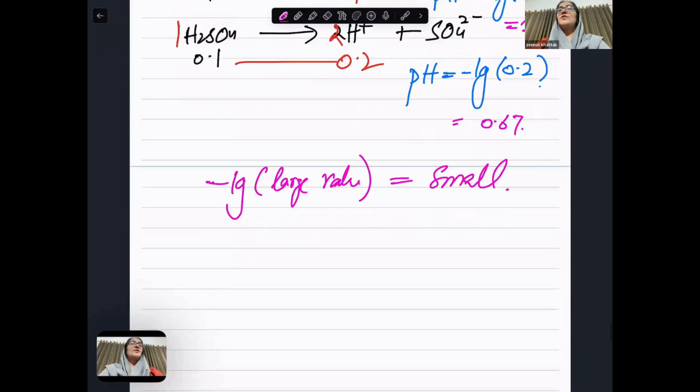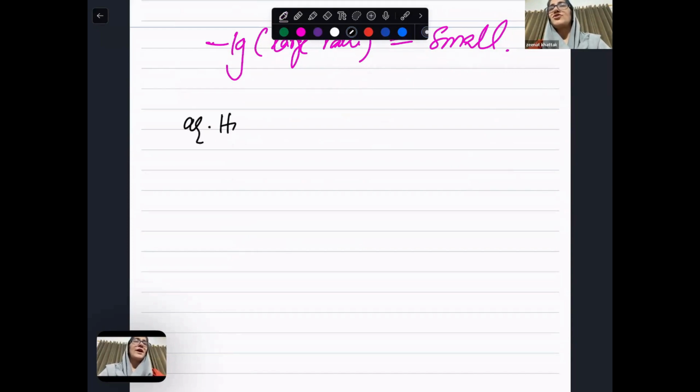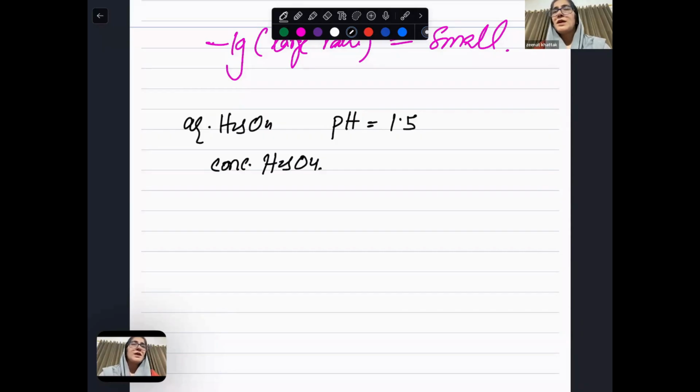Now, suppose I have an aqueous solution of H2SO4 and its pH is 1.5. How can I get the concentration of sulfuric acid? From pH, I will get H plus: 10 power minus pH.